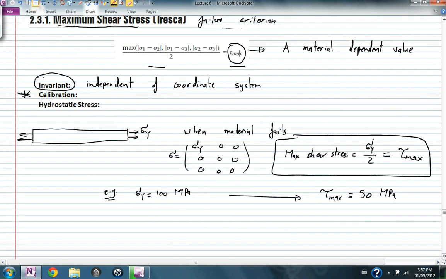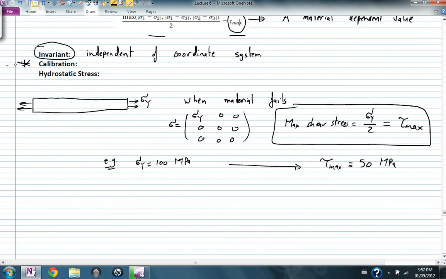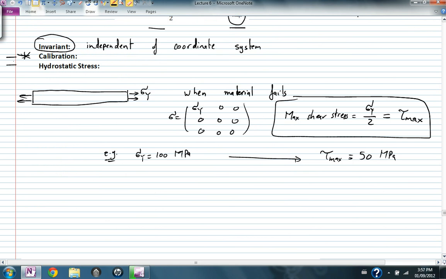Now what does this failure criterion predict in a case of a pure hydrostatic stress?